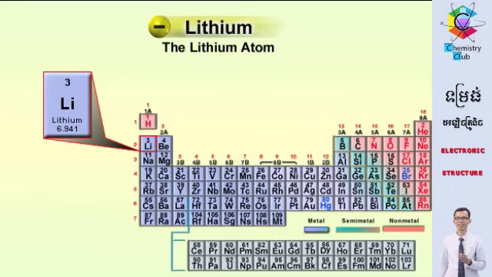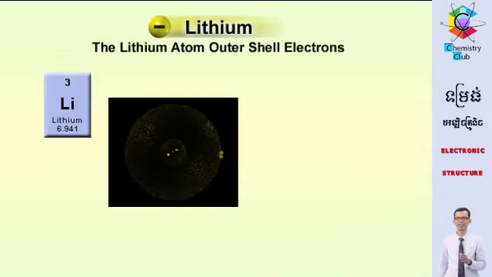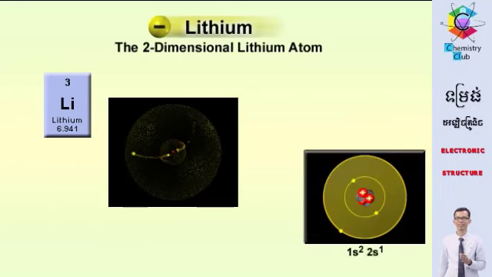With the first electron level now filled, lithium, with 3 protons, gets its third electron at the second level. This is a 2s electron, since the 2s sublevel is lower energy than the 2p sublevel. Note that both s orbitals are spherical, with the 2s orbital being larger than the 1s orbital you saw in hydrogen.